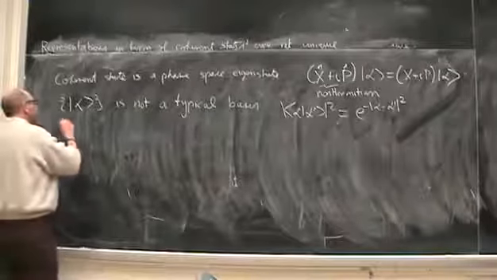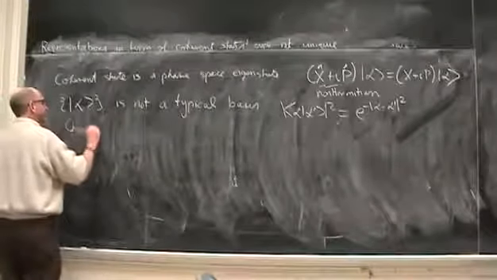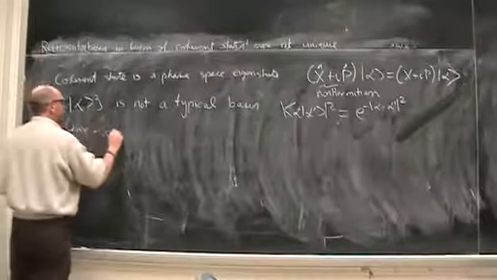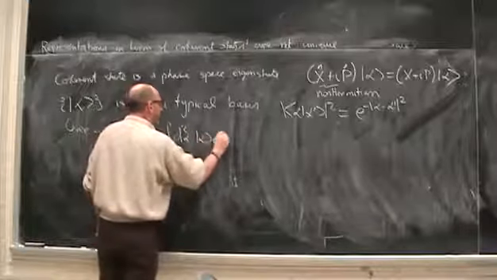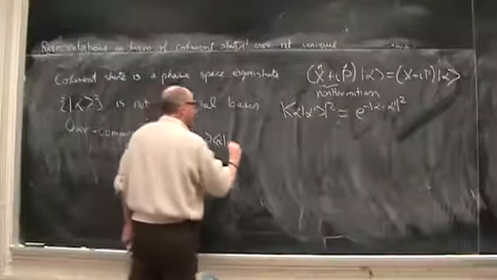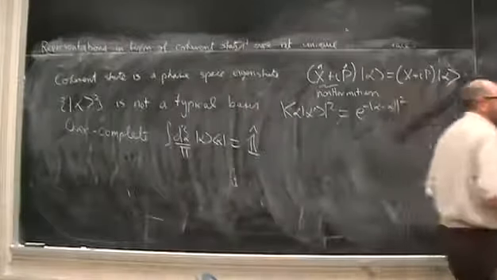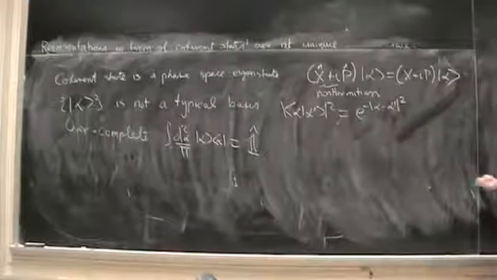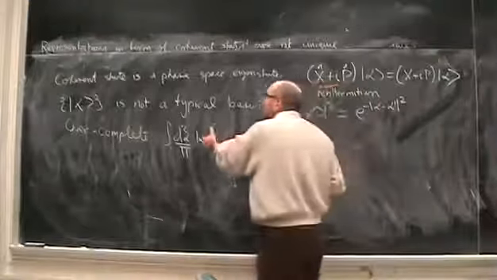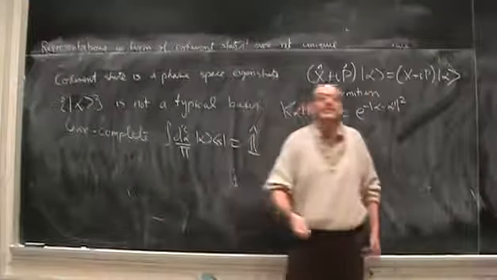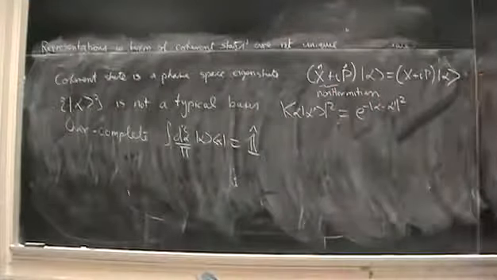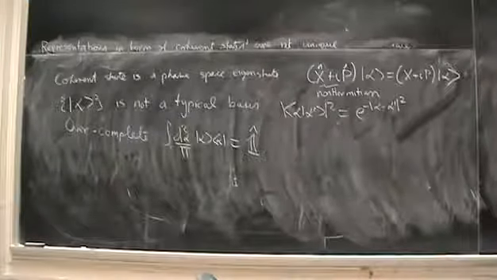And it's over-complete. That's to say, as you proved, the integral over all the projectors is 1, but this is a bigger set than's necessary. I can remove some of these and still get a complete set.